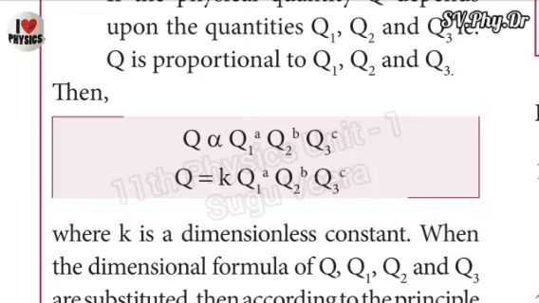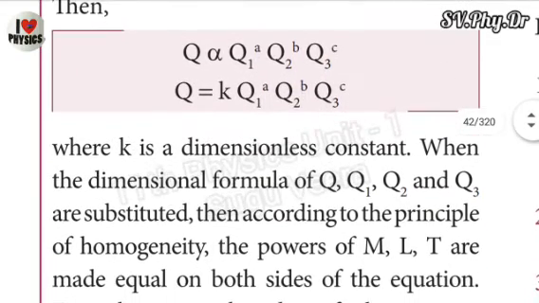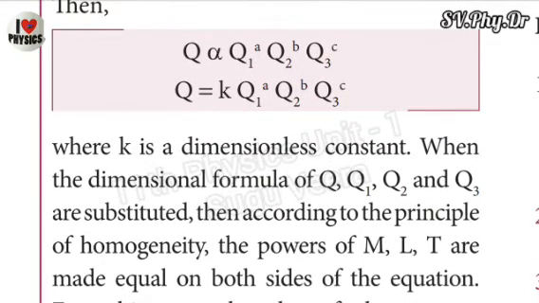Remove the proportionality, that means add a constant value. So Q equals K Q1 power of a, Q2 power of b, Q3 power of c. Here K is a dimensionless constant.